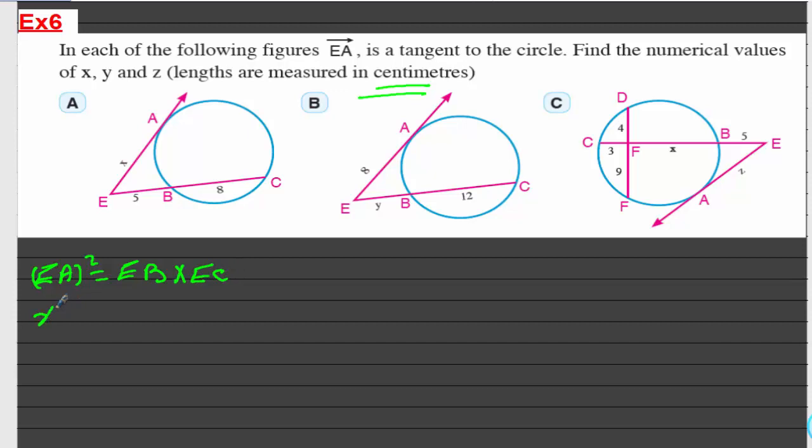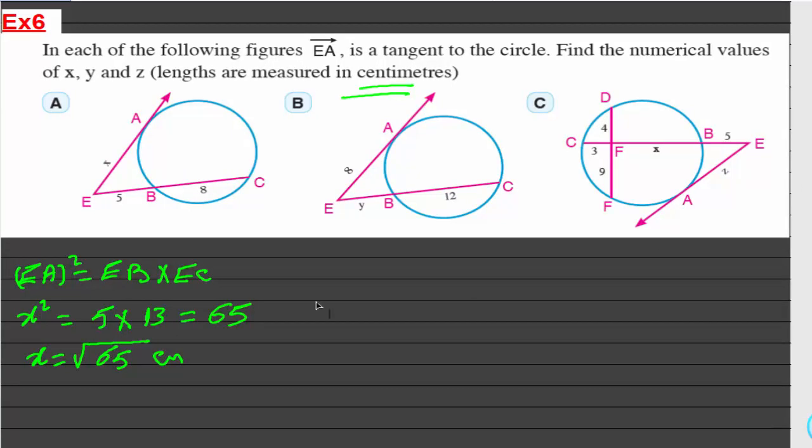EA power 2, it is X power 2, equals EB, it is 5, multiply the length of EC, 5 plus 8, it is 13. So X squared equals 65, and X equals square root of 65 centimeters.